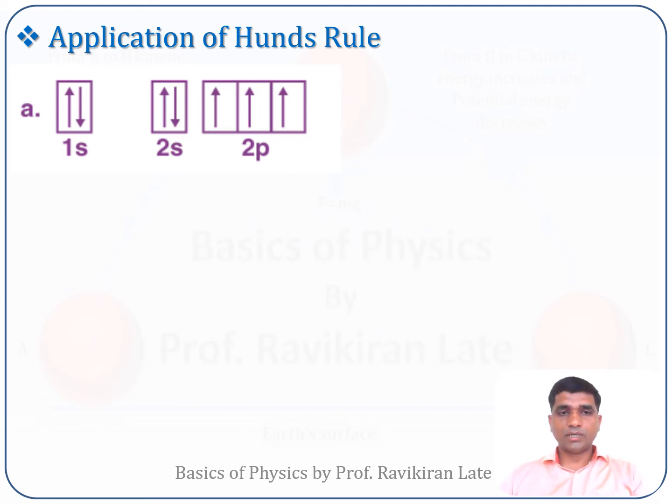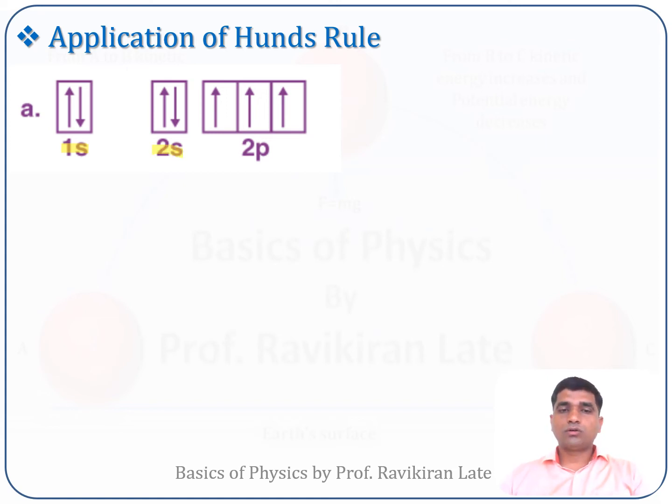The first example is here. Consider an atom that has 7 electrons. It is a nitrogen example, which has atomic number 7. So for a nitrogen atom with 7 electrons, the first 2 electrons will go into the 1s orbital. The first electron will have up spin, the second electron will have down spin.